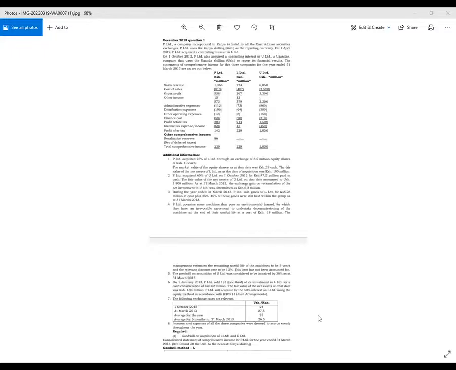Now, could we kindly go to the cost of sales? So cost of sales, what will I do? I'll take the one of the parent fully, 810. There's no doubt about that.